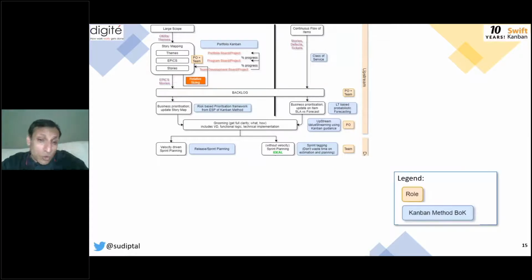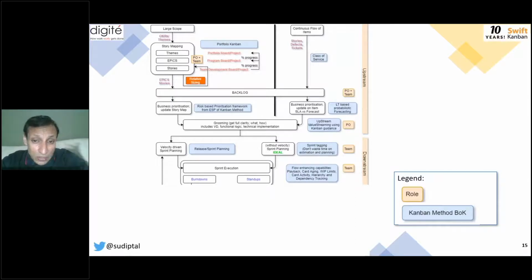So once you have groomed it, and you really have to groom the story, you can then do your sprint planning, or if you are doing a pure Kanban-based execution, you can do a replenishment planning and make sure that, okay, let's take it up now, it's ready to go because it's fully groomed. There are no blockers as far as we can see at this point of time. That's when the downstream team picks it up for execution.